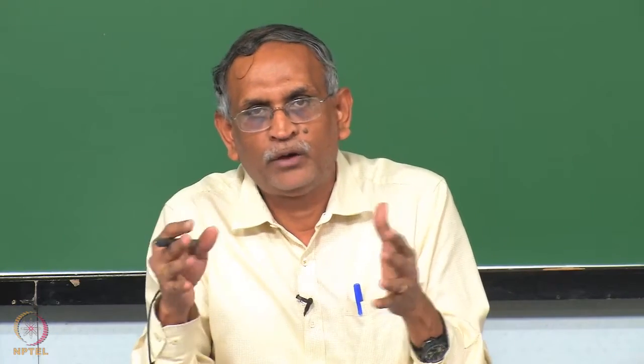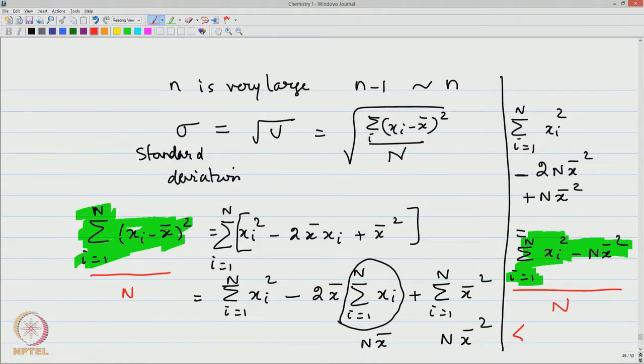You have summed over every one of those squares and divided by the total n. Therefore, this is x square average. What is this one? The n cancels out and this is nothing but the x average square. Okay. The angular bracket is not needed, but the angular bracket is the one that represents the x bar. Okay.